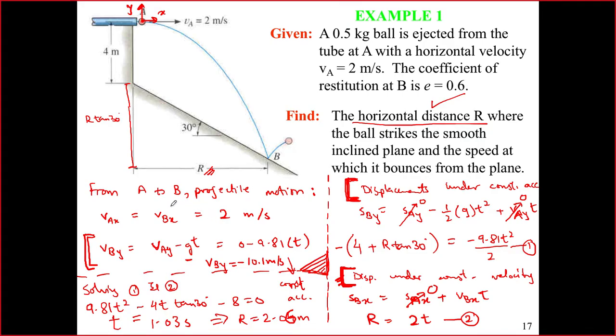That's why I need to know my VBX or VBY which I've just found. VBX will be the same as we discussed. This is going to be 2 meters per second. और VBY को मैंने constant acceleration की expression use करके find कर लिया है now that I know the time. So VBY turns out to be minus 10.1 meters per second. Great.